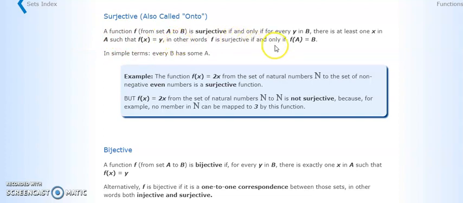Otherwise, this is surjective: f(A) equals B, meaning the image of all the elements of A is equal to B. If it is equal, then we call it surjective.